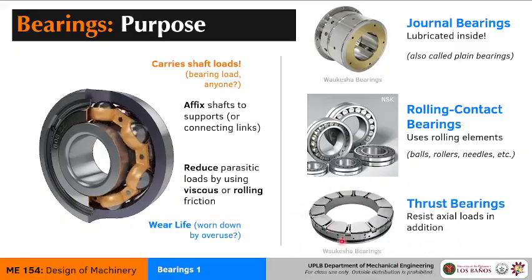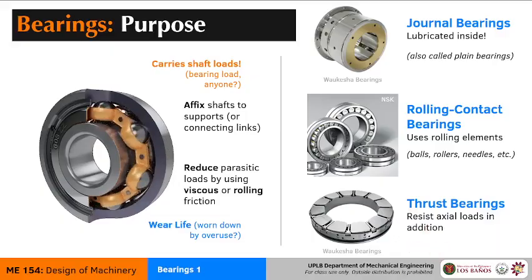These are thrust bearings. As the name implies, thrust bearings are meant to carry thrust or axial forces along the shaft. So thrust bearings are used in particular sets of applications. If you're expecting the shaft to be pressed against a support or something else, you might want to use thrust bearings.